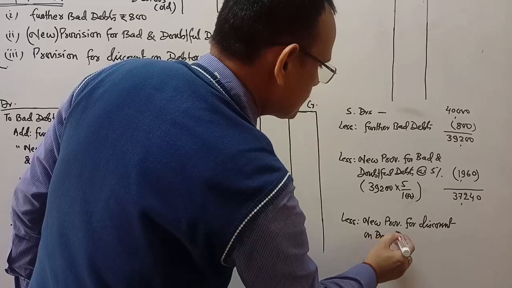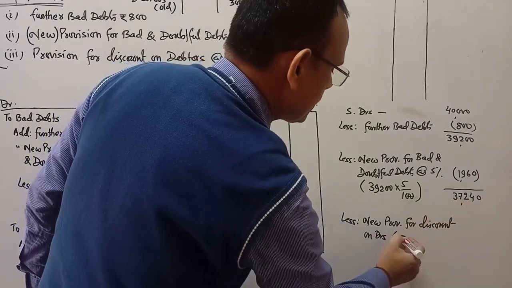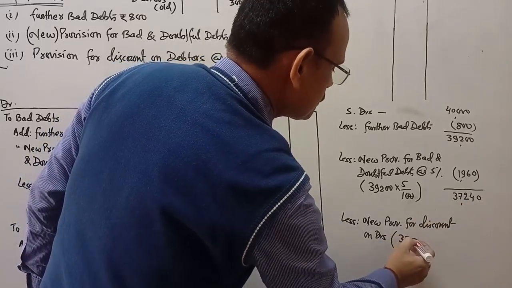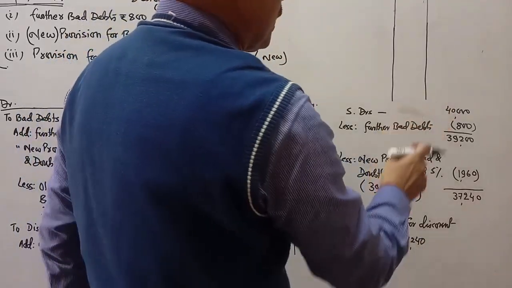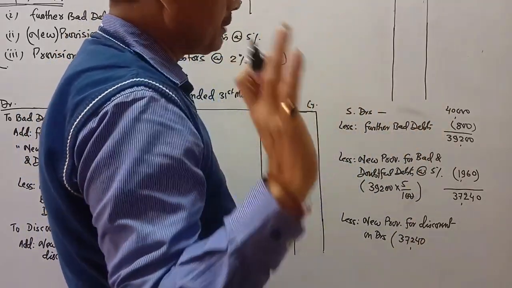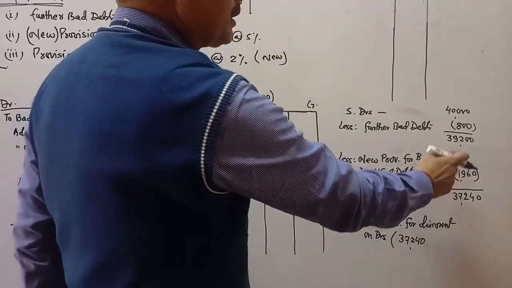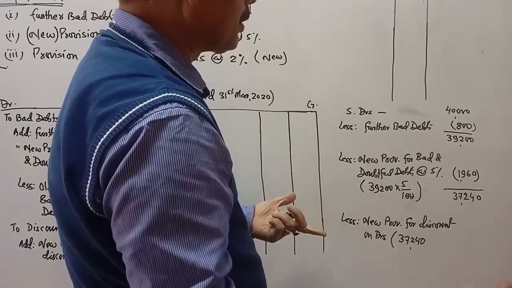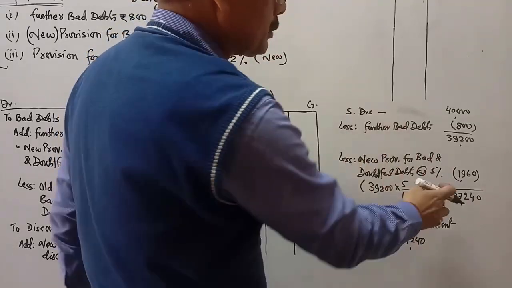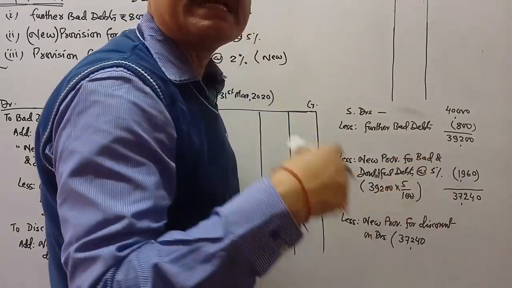We'll calculate on which amount? We'll calculate on this amount, 37,240, not on 40,000. Out of 40,000, 800 is further bad debts. Up to this amount, we have a doubt whether we will receive it or not. So discount will be calculated on the amount which will be realized.